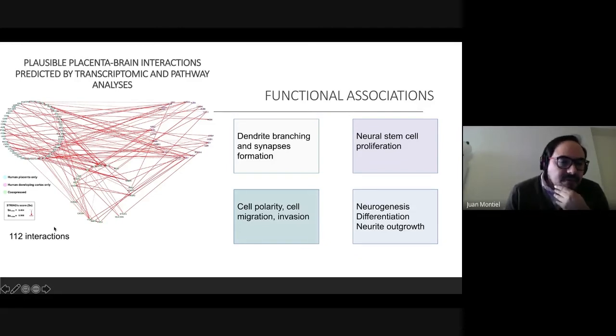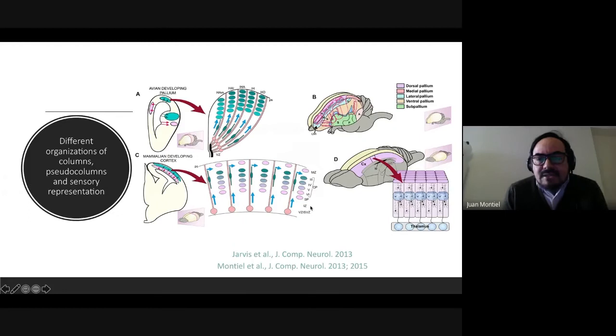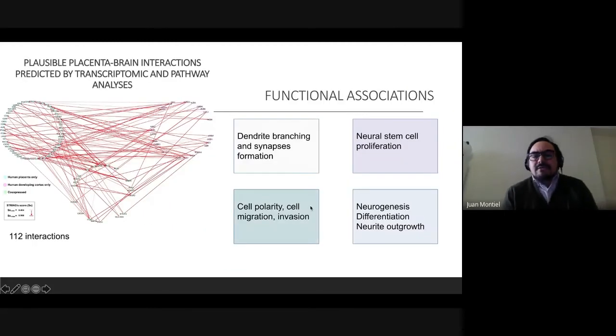And we can find more than 100 interactions of diffusible signals, endocrine signals, and the genes involved in these interactions are associated to processes that are very important for brain development, like dendrite branching and synapse formation, or neural stem cell proliferation, cell polarity, cell migration, invasion, neurogenesis, differentiation, and neurite outgrowth.